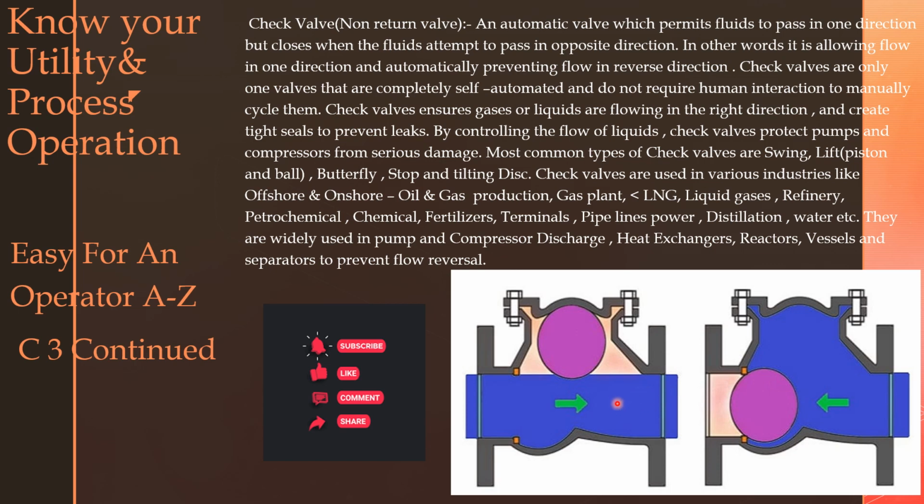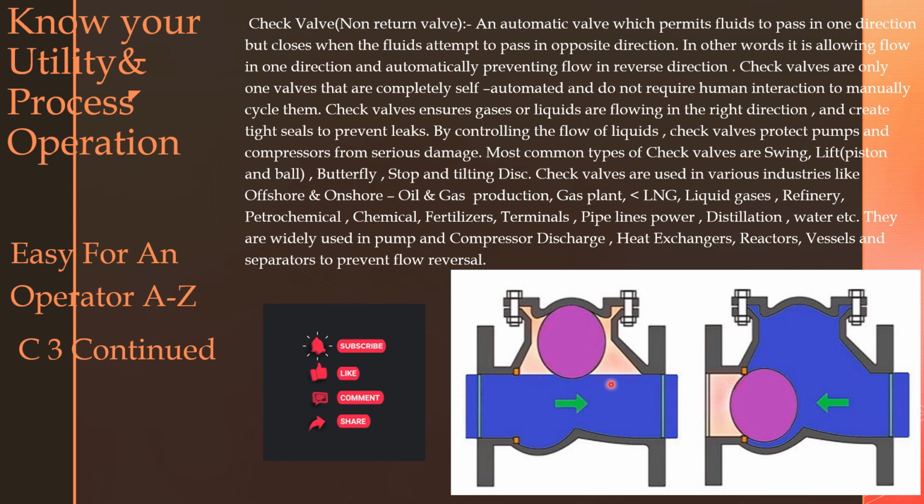In the nitrogen line, mainly used in all types of industries for purging, the non-return or check valve is provided at the utility sharing point, the utility users' point, where in the nitrogen line the check valve plays a vital role. It will avoid the process entering the nitrogen line. It only allows the nitrogen going to the vessel where nitrogen is used for purging.